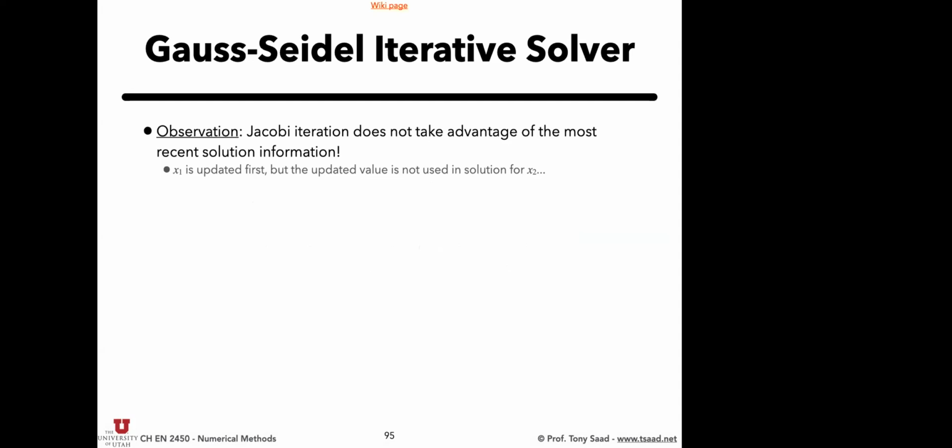Take the example we did with the 3 equations and 3 unknowns. x1 only required x2 0 and x3 0. But now you updated x1. When you go to x2 in Jacobi, x2 was a function of x1 0 and x3 0. But you have an updated value for x1. You just solved for it. So why not use that? Why not use the most recent information?